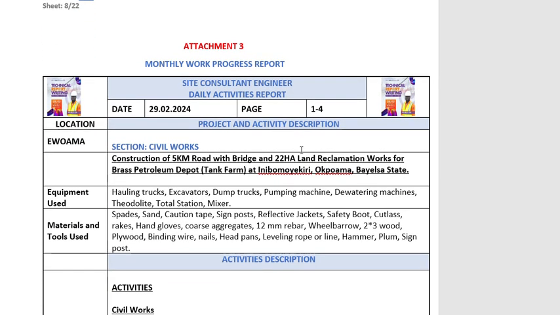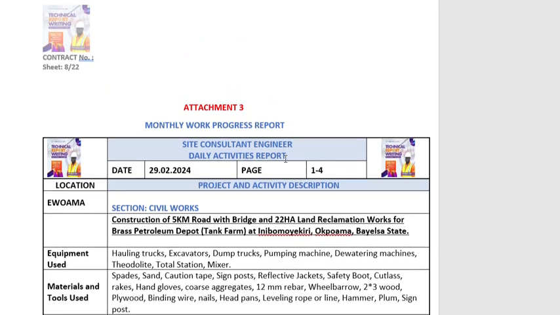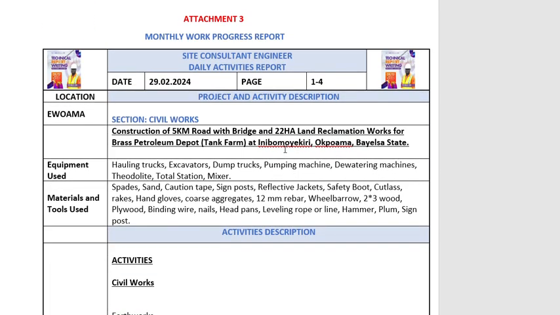The next is the methodology, where the methodology starts. This captures the daily or weekly or monthly activities ongoing on the project site. So as you can see, civil works, the date is there, the number of pages these daily activities covered is there, the location of the project, then the equipment that I used.